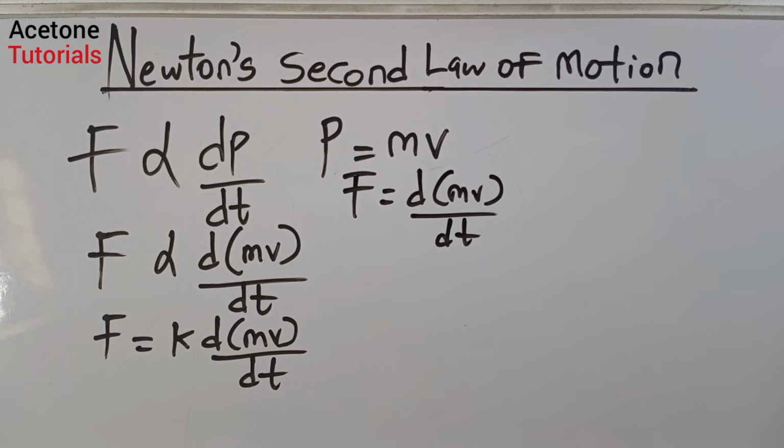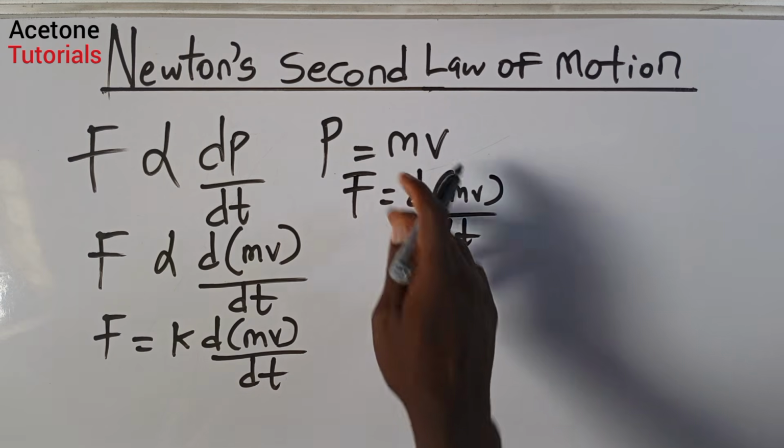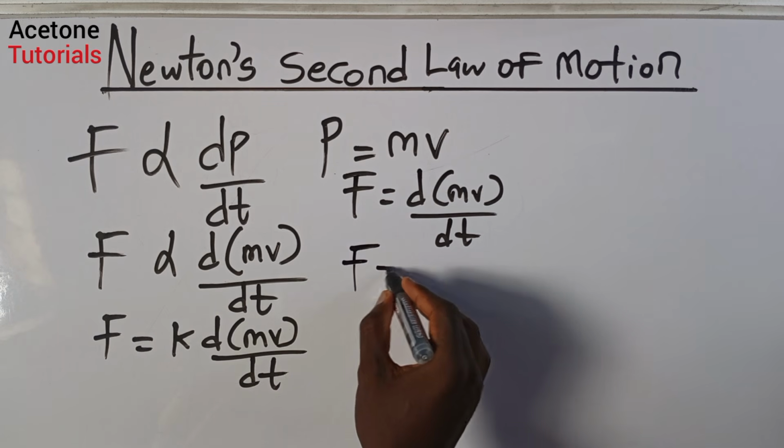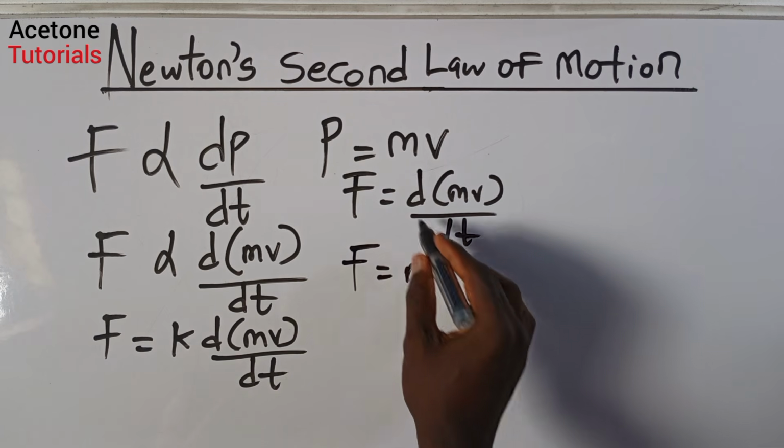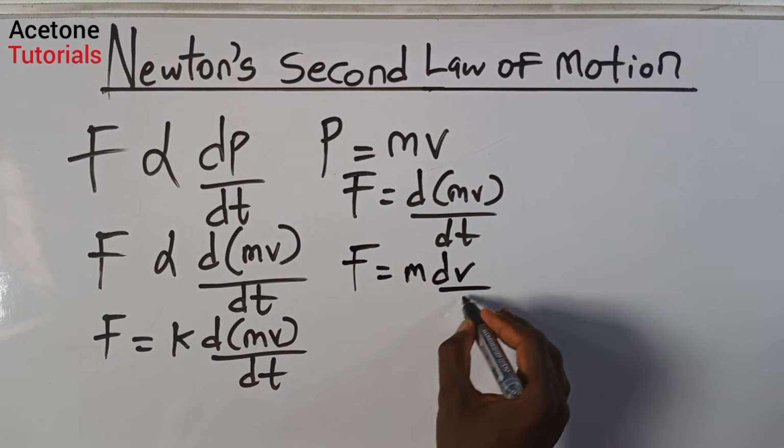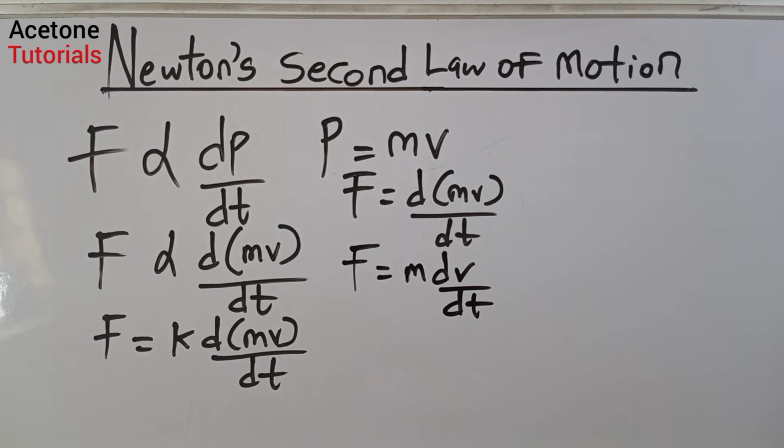Now, the mass may or may not be constant, but when it is constant, we can bring it out. So F equals m dv over dt. dv over dt is the rate of change of velocity, and that is acceleration.